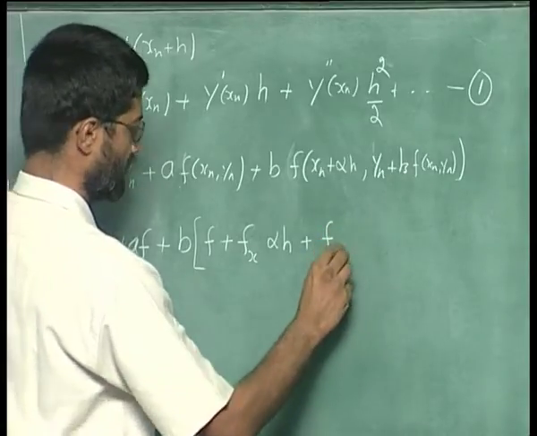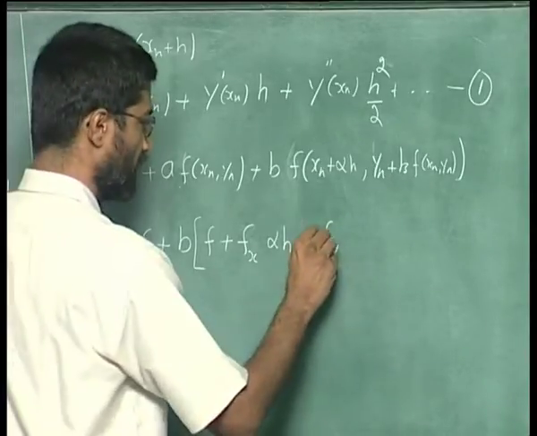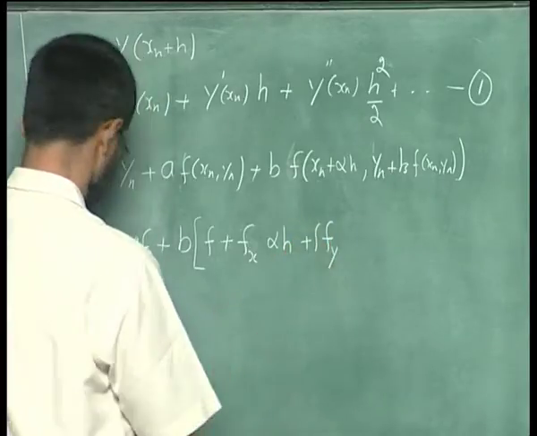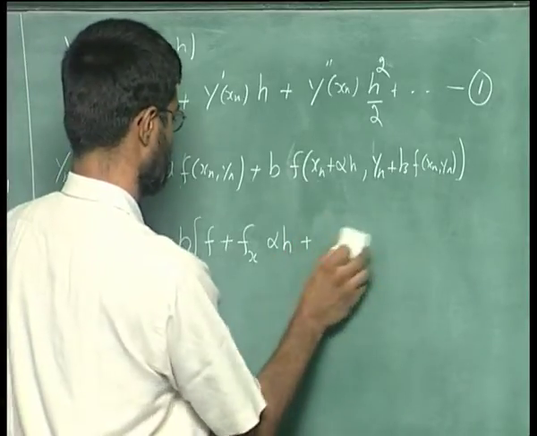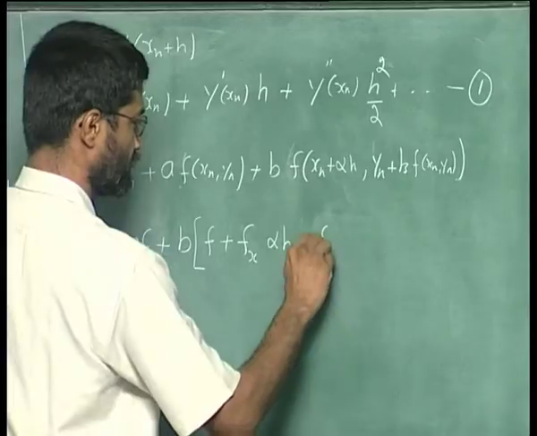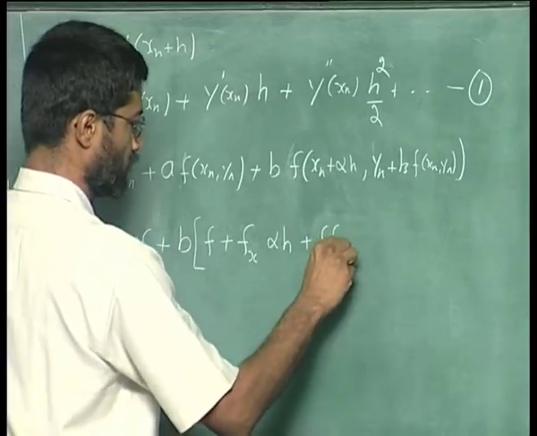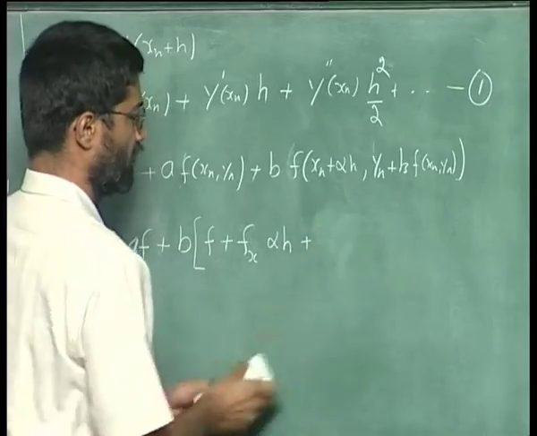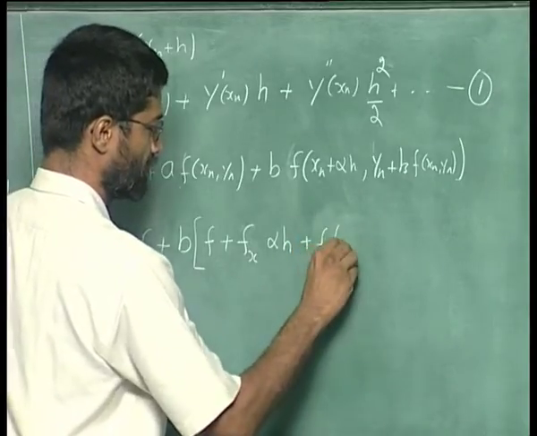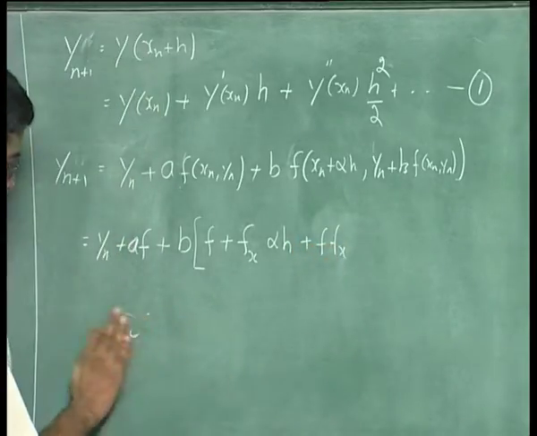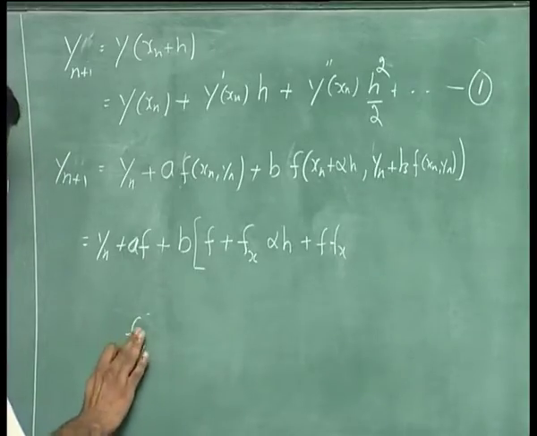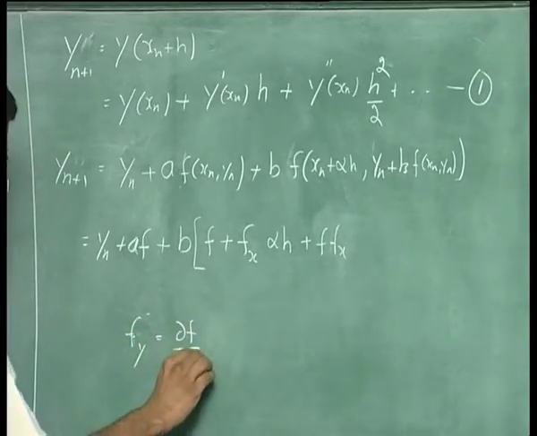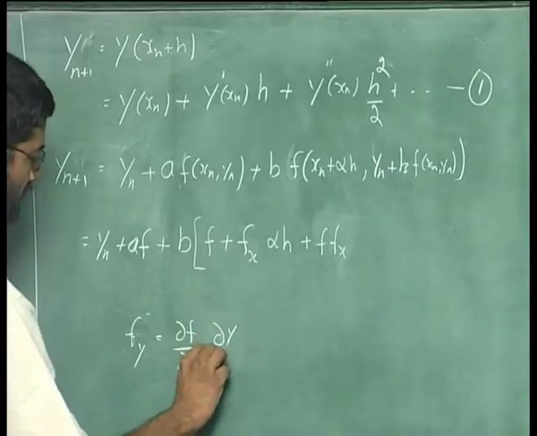So I will write this here. f times f_x. Okay, so f_y I am writing as del f by del y into del y by del x.